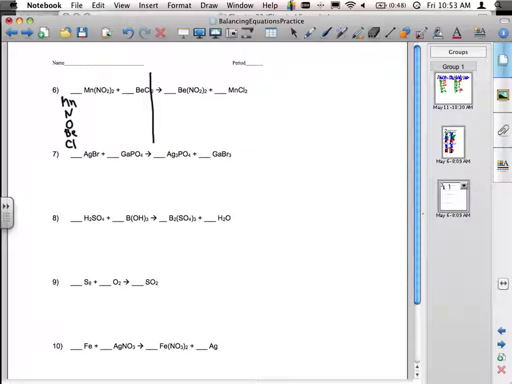For NO, would that make it 4 since there's 2 inside NO? Remember that it's 2 individual compounds. The 2 goes to the N, the 2 goes to the O. Every capital letter is a new element.